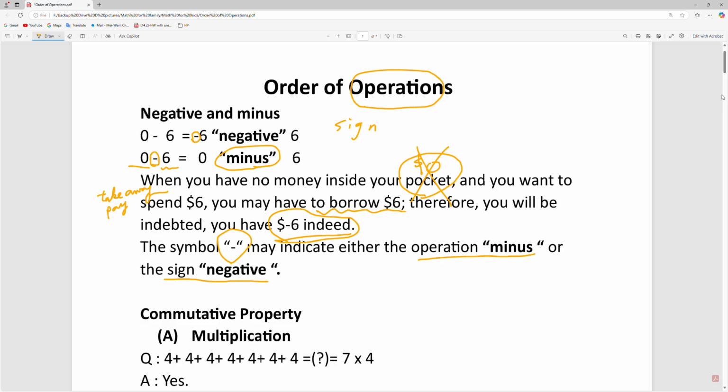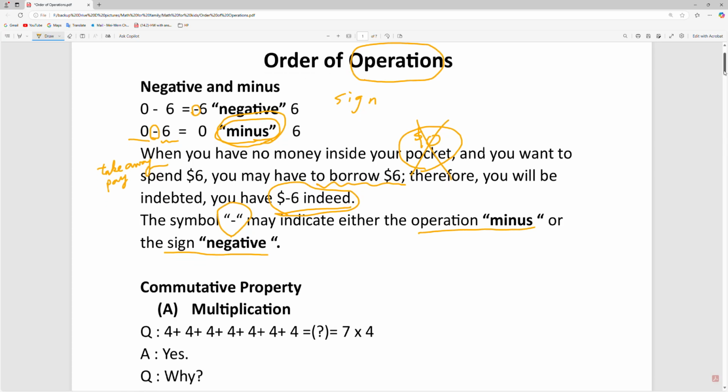However, when we talk about order of operations, today we are going to talk about minus, subtraction. Now, order of operations not only involves addition, multiplication, division, and subtraction, but also exponents and parentheses.